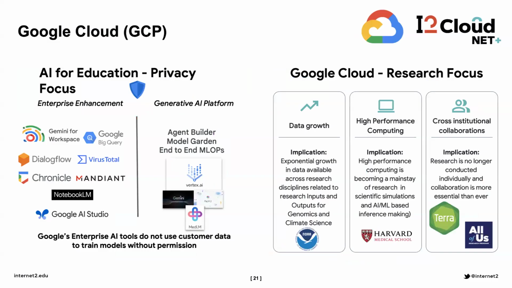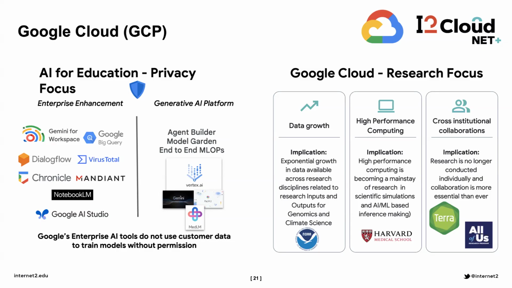So once again, the challenge of trying to describe an entire hyperscale cloud provider on one slide. I've chosen instead to just pick on two particular areas of focus right now. Everybody's chatting about AI right now, and I captured from Google a bit about privacy in their enterprise AI tools.